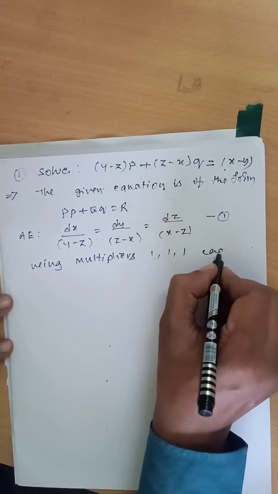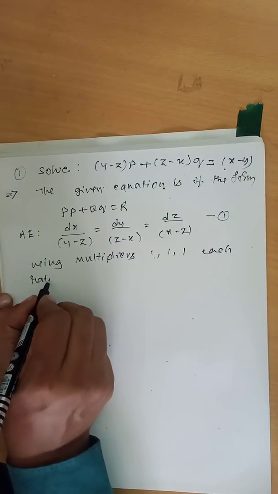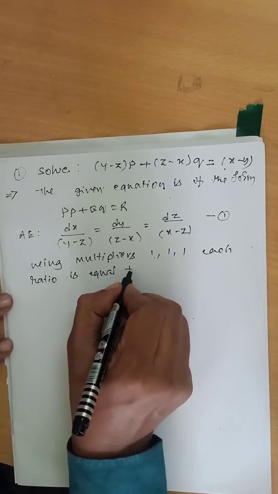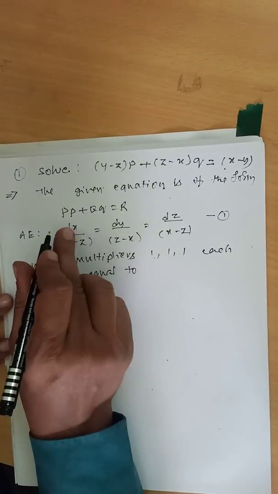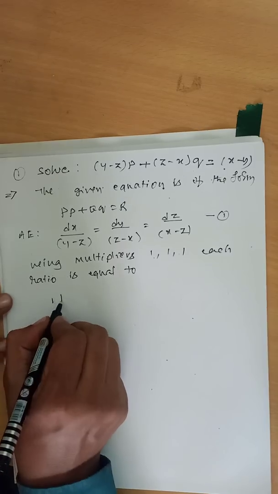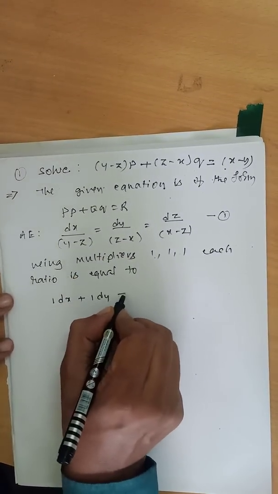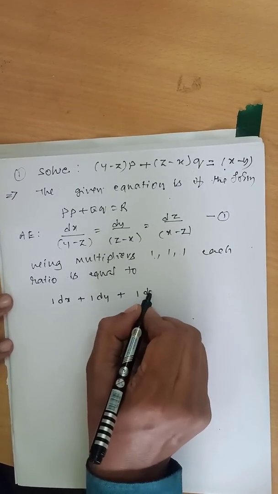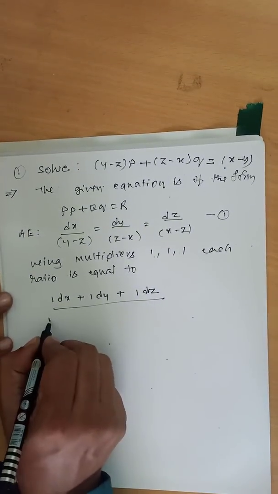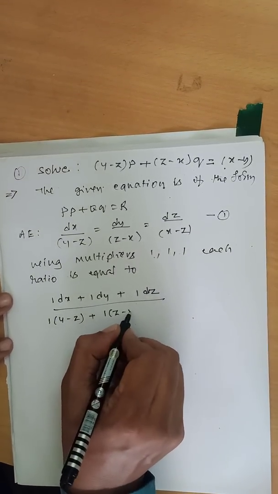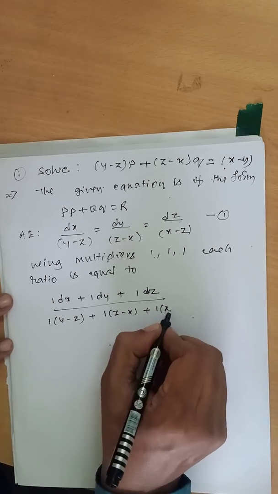Each ratio is equal to, what happened in numerator, adding this 1 into dx plus 1 into dy plus 1 into dz, denominator is 1 into y minus z plus 1 into z minus x plus 1 into x minus z.